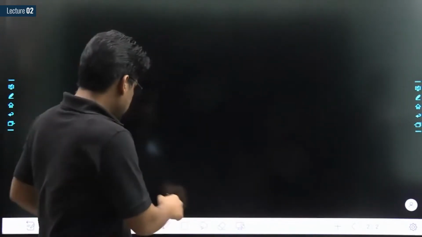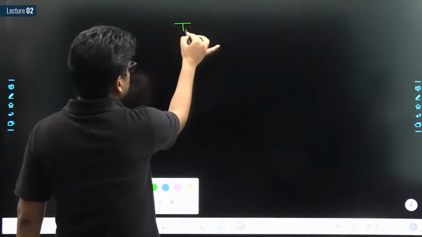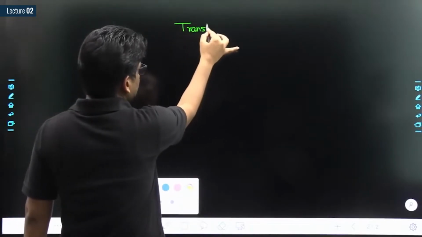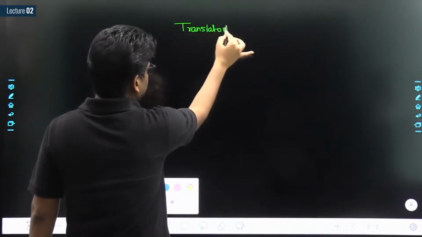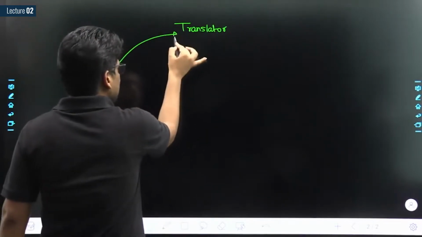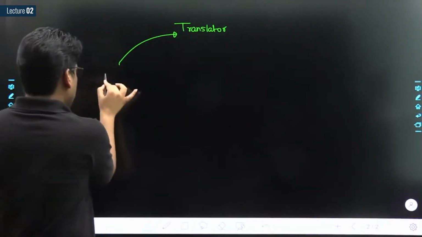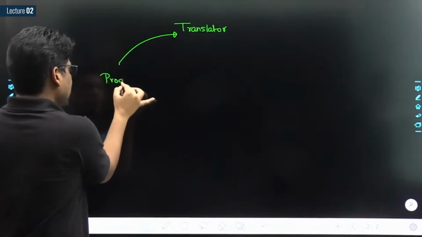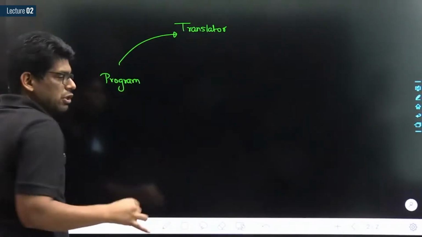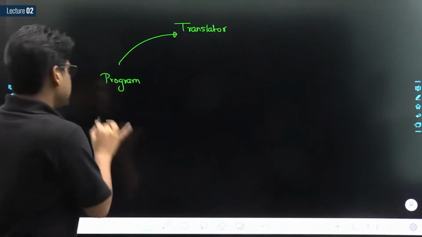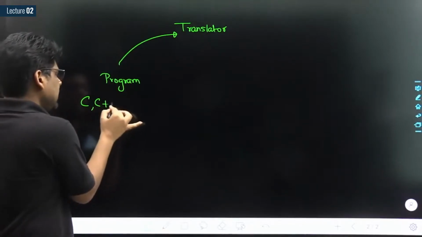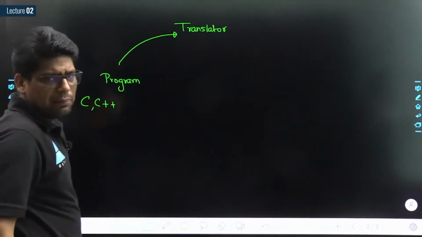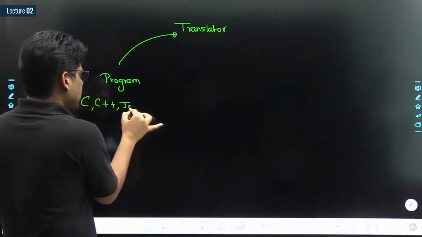So, sir, what is the task of the translator? Sir, it translates. What is the input to this translator? A program written in an English type language or some programming language. The programming language can be C, C++ or any other, whether it is Java or Python or Ruby.